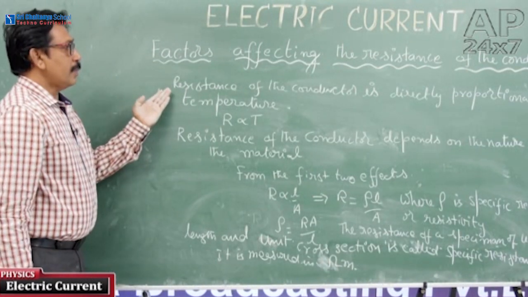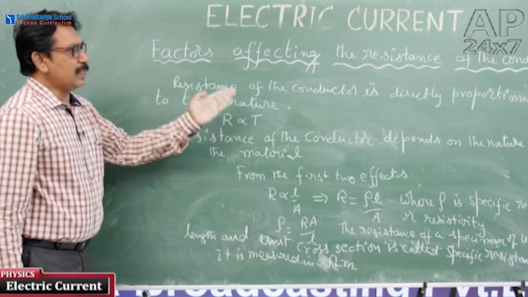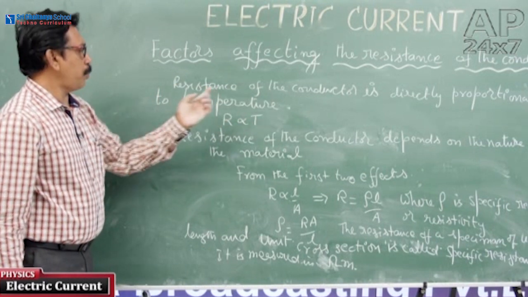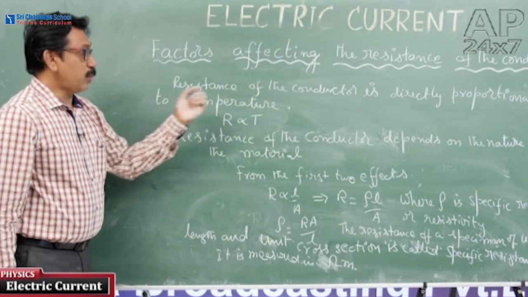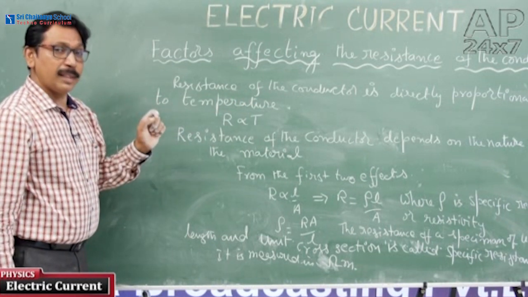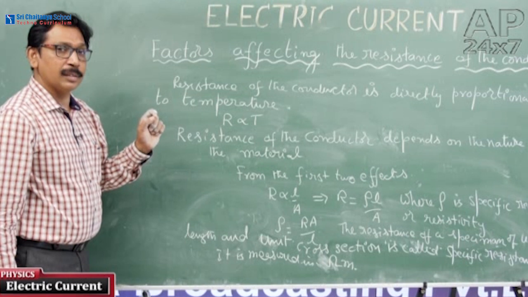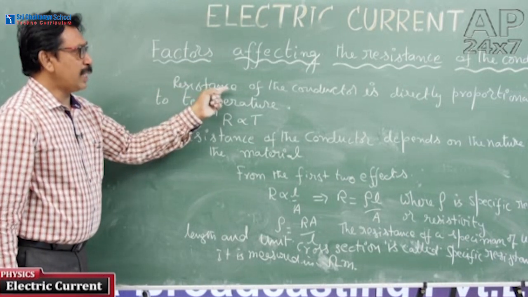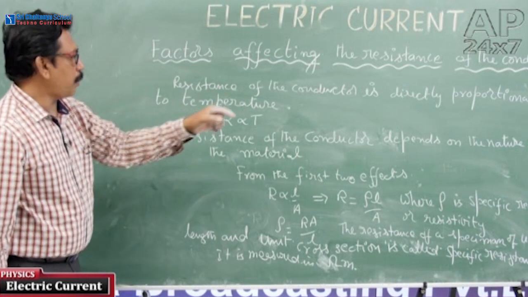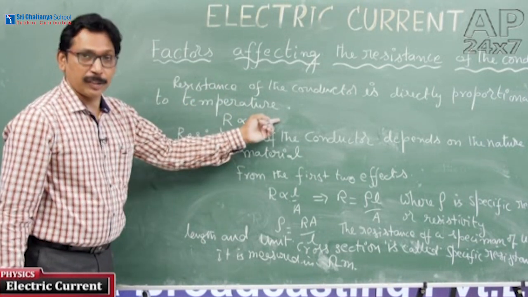The resistance of the conductor is directly proportional to temperature. This is the third effect. My dear students, please keep these in a line. The resistance of the conductor is directly proportional to the temperature.